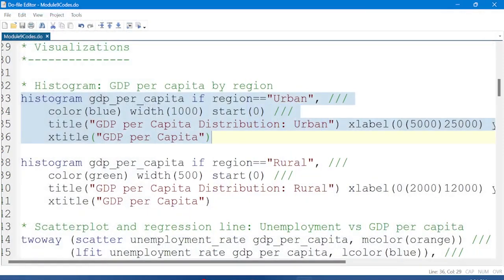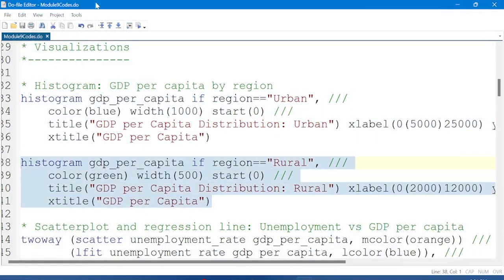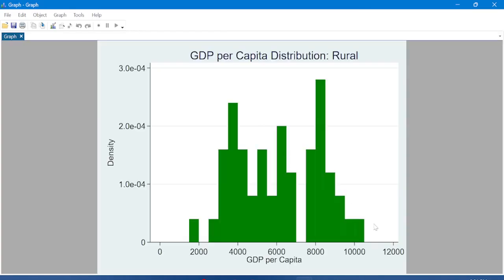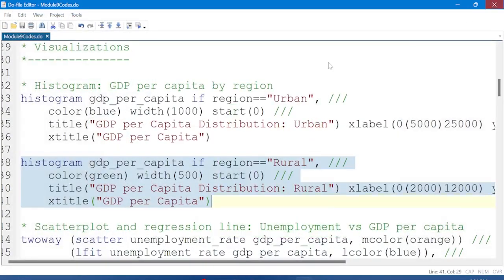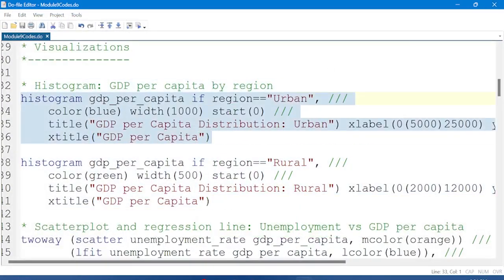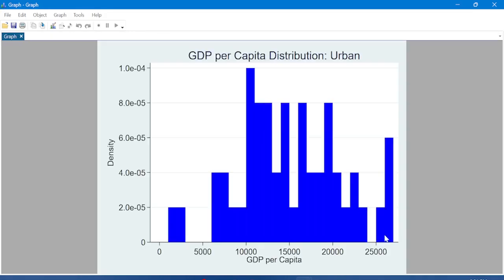And now let us look at the rural areas, how it appears. We realize that most rural areas have GDP below 12,000 USD, but for the urban counterparts, the GDP was higher, spanning up to more than 25,000 USD.